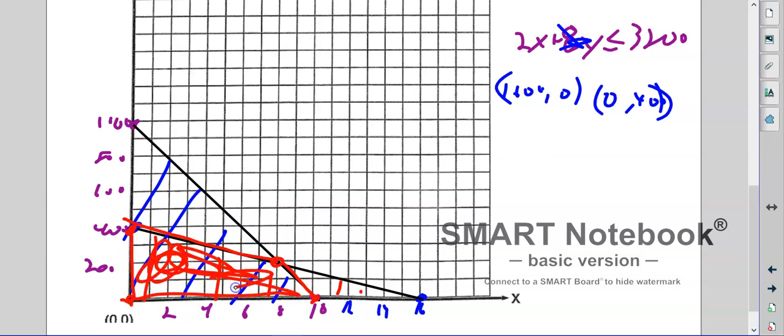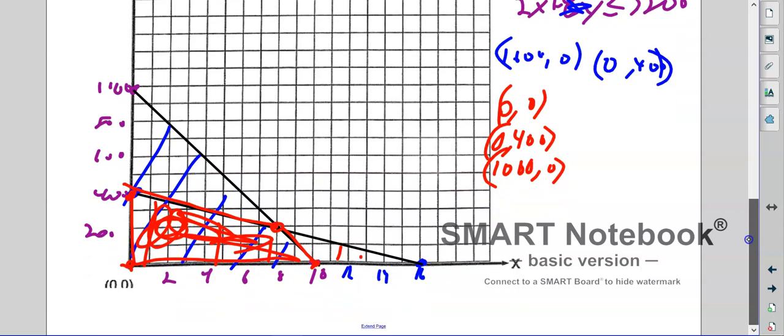That's my feasible region. So my points are 0, 0, 0, 400, 1,000, 0, and 800, 200. So obviously this is going to be 0.